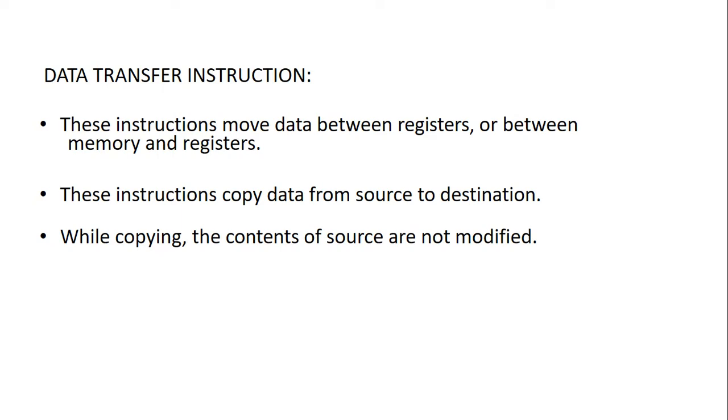Here data is copied, so the data will be present in the source as well as in the destination. It is a copy-paste operation, so the content of the source does not change.